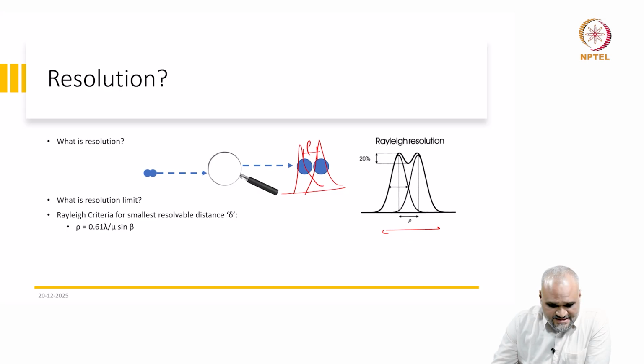Now, there are ways in which you can derive this. I will not go into the derivation right now. It might come in at a later stage in the course.